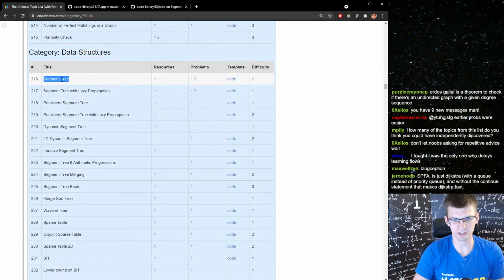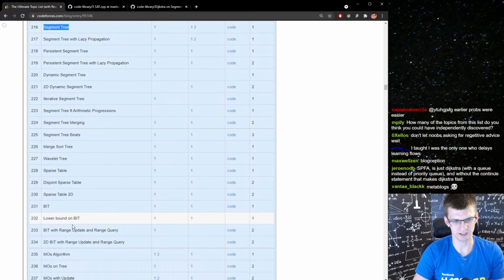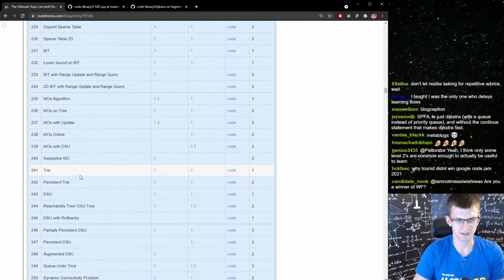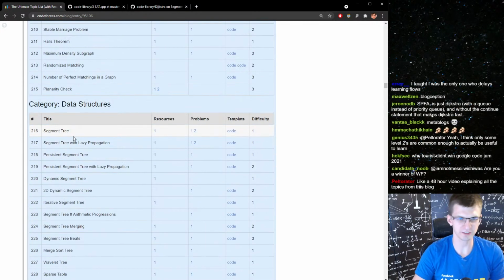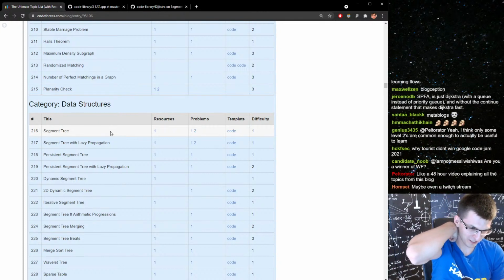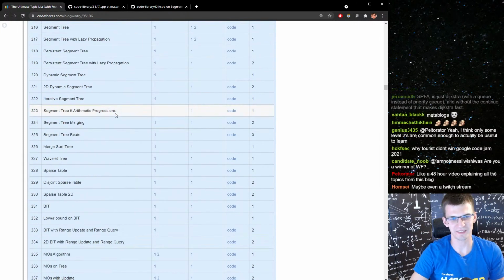Basic segment tree is very common, and it makes BIT obsolete. You should just know segment tree, sorting, binary search, and you already can solve most of the problems. 48-hour video explaining all the topics. I think you would need more time than that. Maybe even a Twitch stream. Maybe even that.